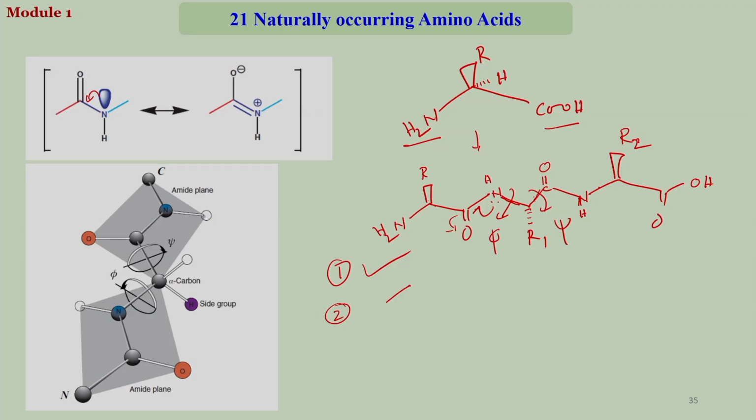So, all rotations around the single bonds are not allowed, and that was given by a plot called the Ramachandran plot. That we will discuss in a brief while.